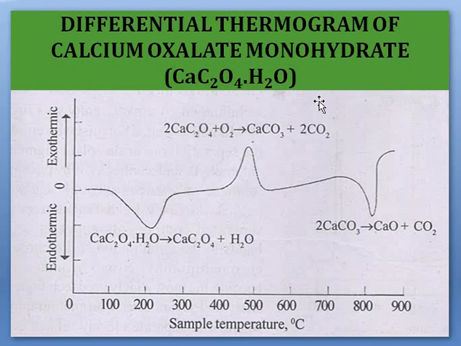Then qualitative analysis, again you can take the example calcium oxalate monohydrate. The main reactions undergone by calcium oxalate monohydrate are dehydration, oxidation and decomposition. Dehydration reaction is an endothermic reaction, therefore you are getting a peak downward.